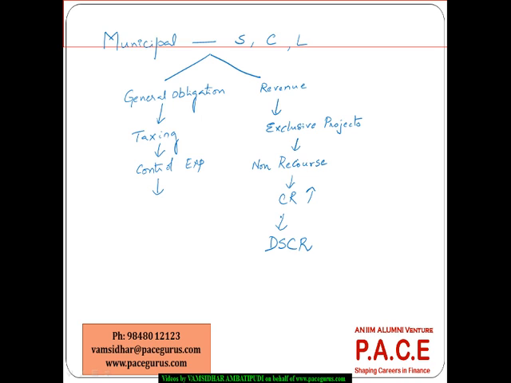So different kinds of bonds, especially the high yield bonds, the municipal bonds, and the sovereign bonds, have a decent amount of differences in their structure and in the way they make the payment. So from a credit analysis perspective, each of them needs to be dealt with in a completely different manner. Understanding the traditional characteristics of each of them will really help the analyst in doing a much more sophisticated credit analysis. All right.